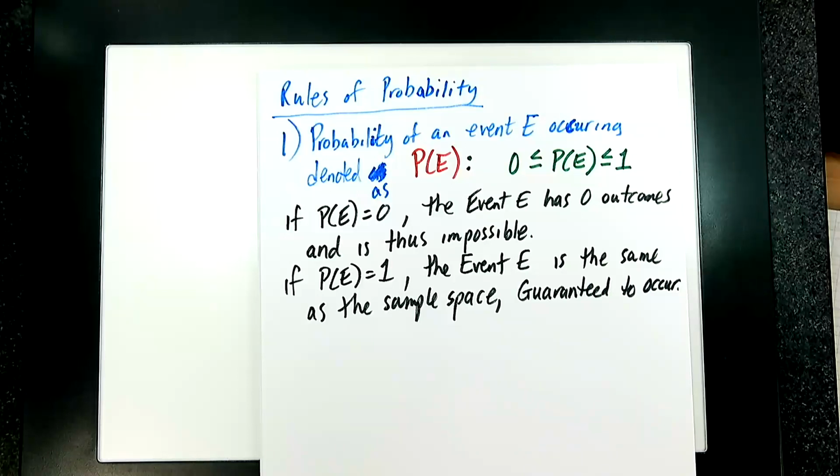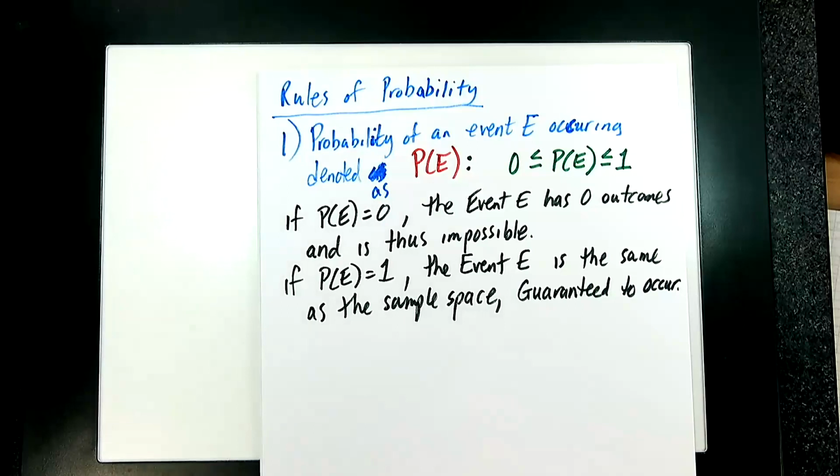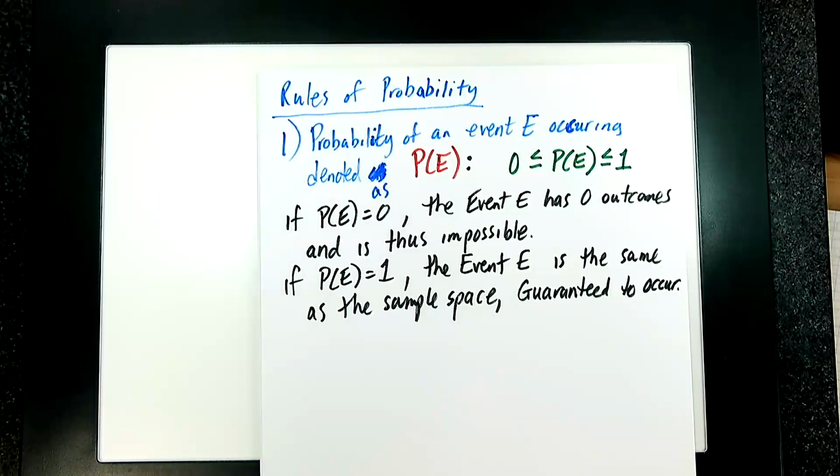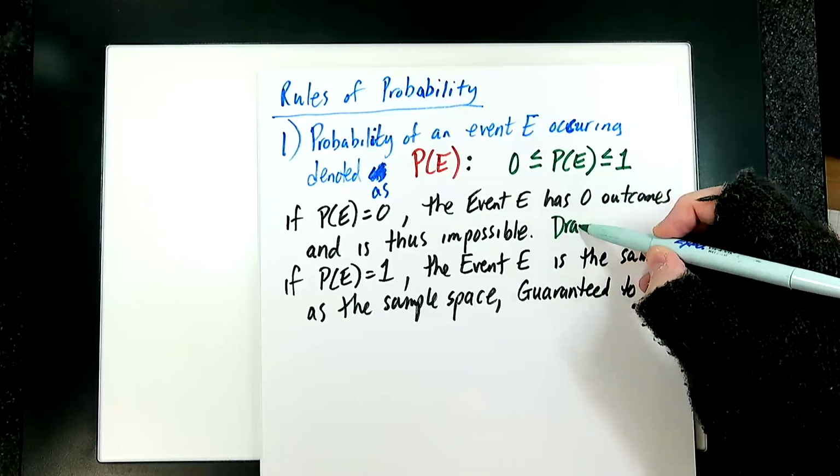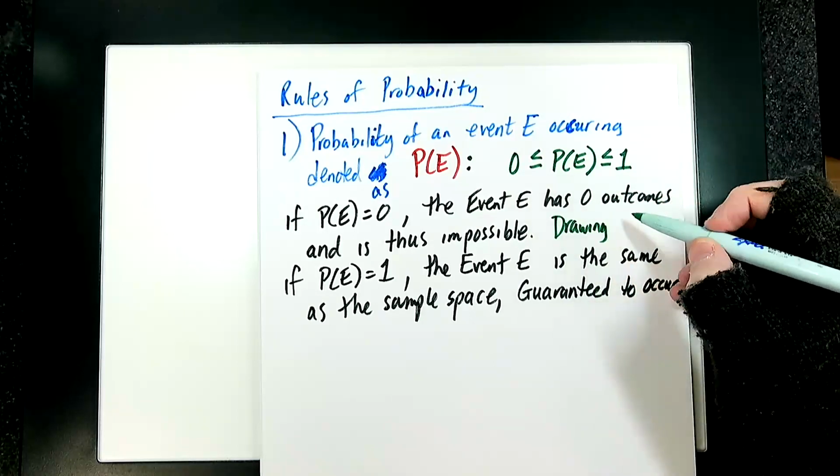Pause for a second, give me a chance to write it down. I'll give you a couple examples related to a deck of cards. So, an impossible event with a deck of cards is drawing a yellow card.